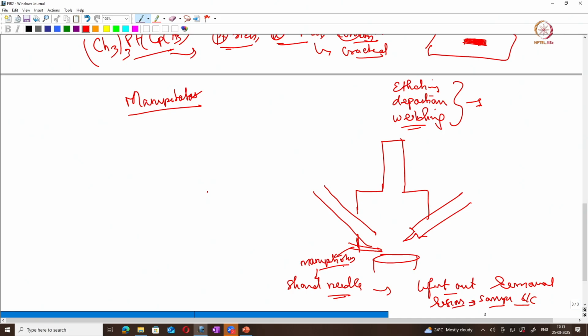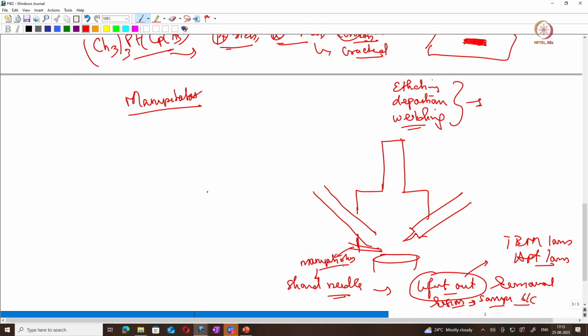This is used for the lift out procedure. From the lift out, you can lift out the TEM lamella or APT lamella, or any region which is important for your investigation. This manipulator can be used for the lift out procedures.